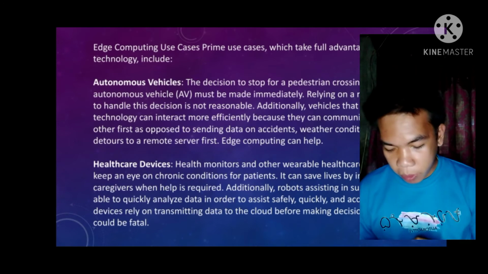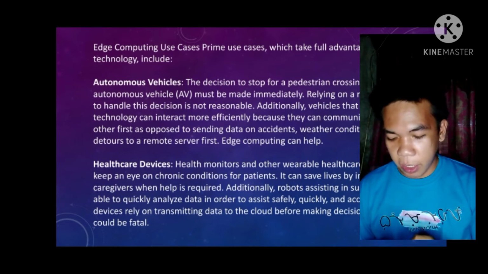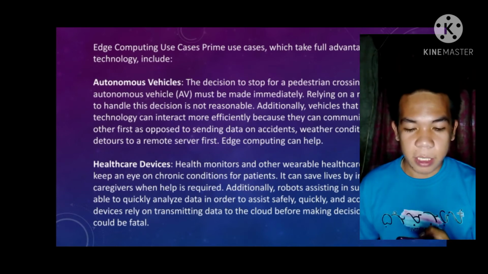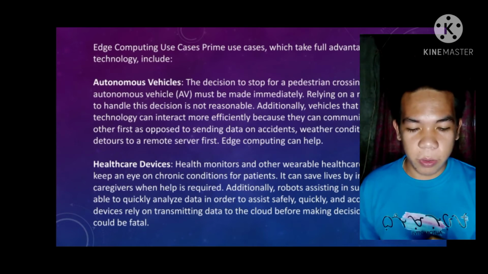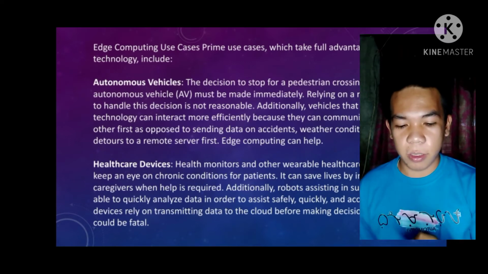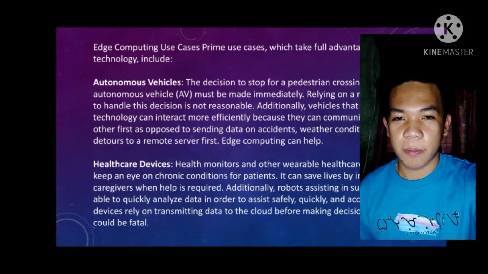Additionally, robots assisting in surgery must be able to quickly analyze data in order to assist safely, quickly, and accurately. If these devices rely on transmitting data to the cloud before making decisions, the result could be fatal.